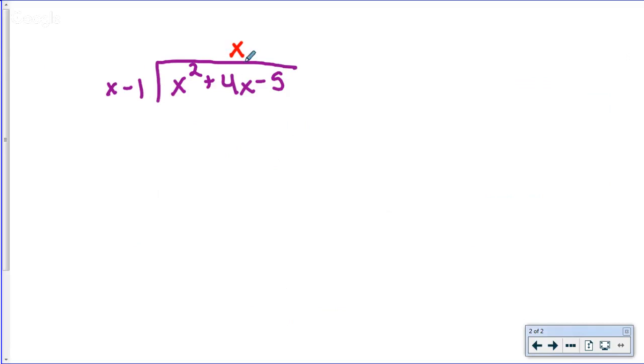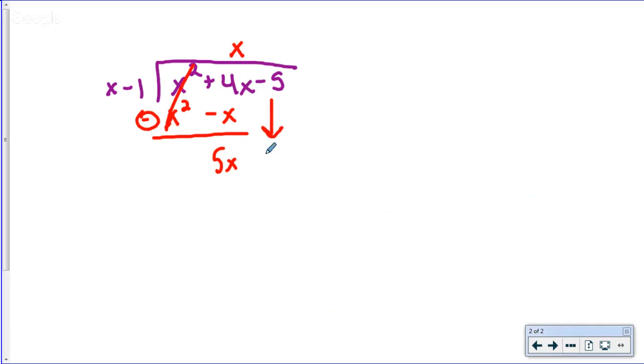Then we will take this term on top times both of these. So x times x is x squared. x times negative 1 is negative x. Then the next thing we did was subtract. So these cancel, and you have 4 minus negative 1, which is 5x.